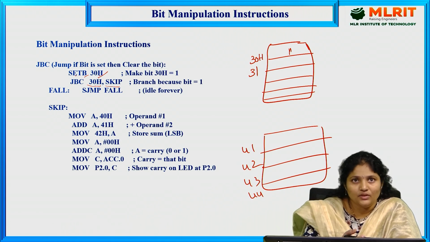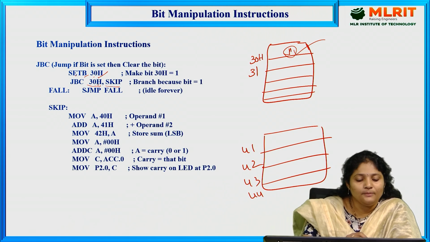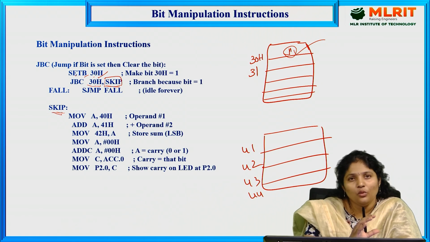In the previous instruction we have already set the bit in 30H. So it will check, yes, the bit is there, the condition is satisfied, and it will jump to the location skip. Here skip is there. So it will jump. Now what will the controller do?